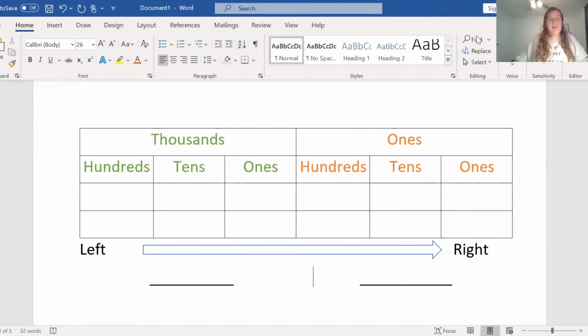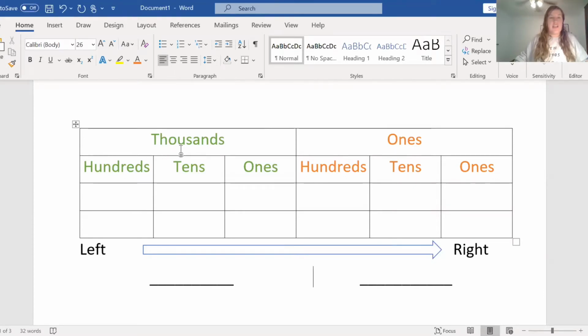All right, so let's talk a little bit more about the place value chart that was talked about in the video, that we can use to compare two numbers to determine if one is greater than, less than, or if the two numbers are equal to one another. So here on the board, I have drawn a place value chart. You have the same place value chart in front of you on the handout provided.